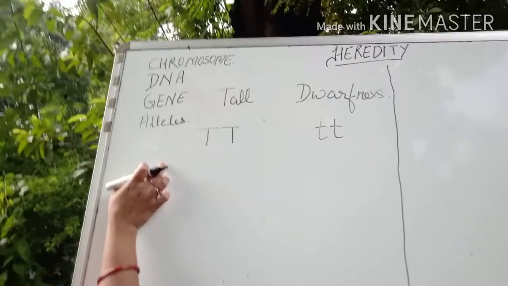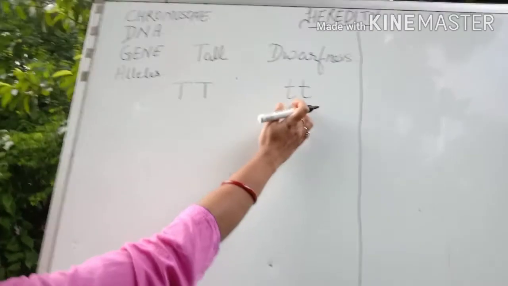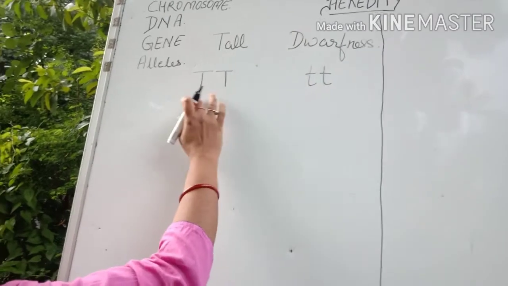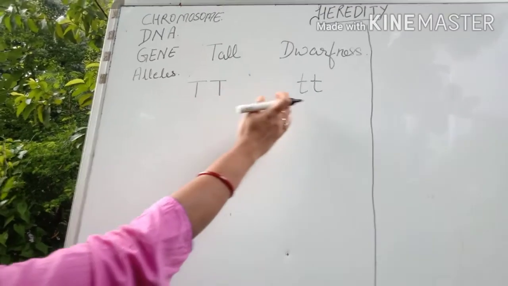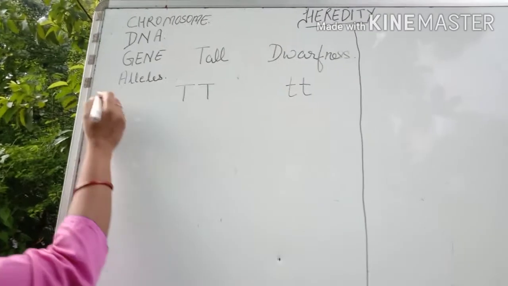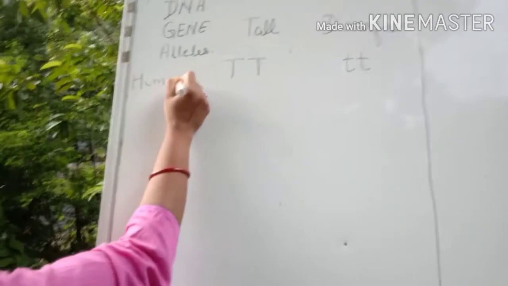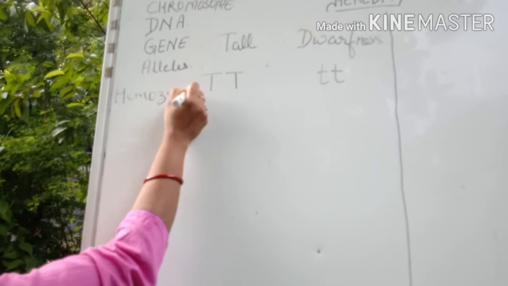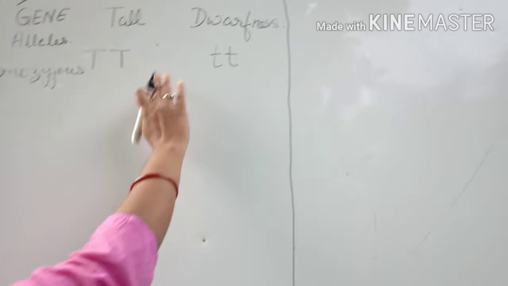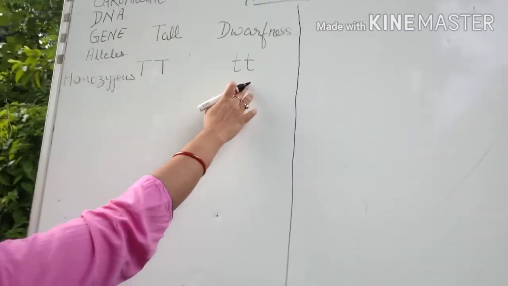Children, here one more term will come, where both are capital T, here both are small t, that is, the alleles or the traits are denoted by the capital and the small t, and both are of the same type. When these both are the same, it is called homozygous. Either capital or small doesn't matter, but both are of the same form.